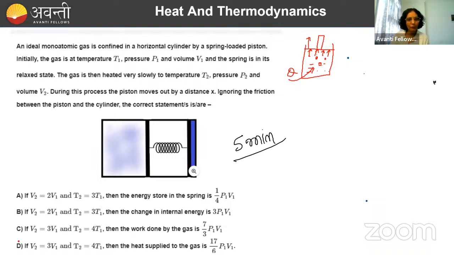Now, if we give it a large amount of heat all of a sudden, suppose 200 joule of heat we are giving to this container, in the first case we gave it very slowly. Done. So if we are giving it very slowly, change in internal energy in a very small fraction of time will be very small. Done.